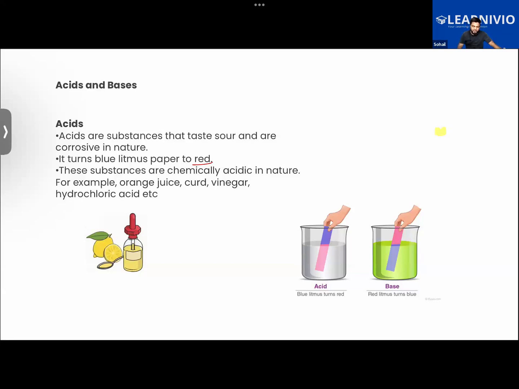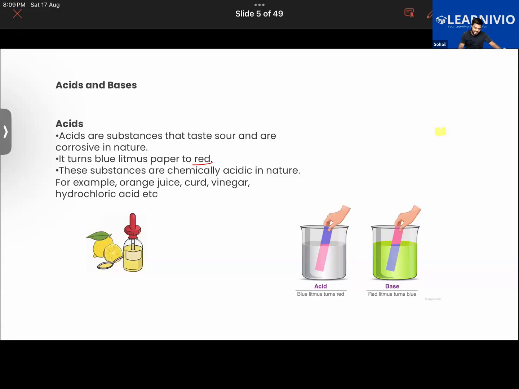If you take a blue litmus paper and dip it into an acidic substance like vinegar, the color of the blue litmus paper will turn red. Thereby acids will turn blue litmus paper red. That is another property of acids.